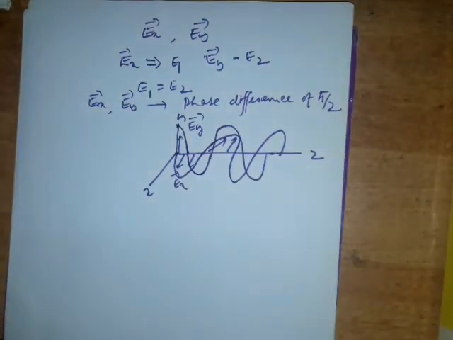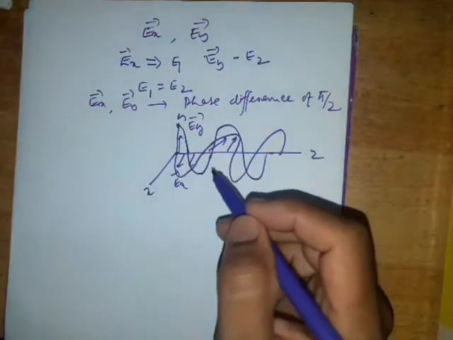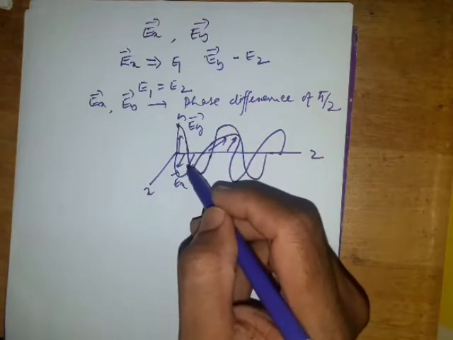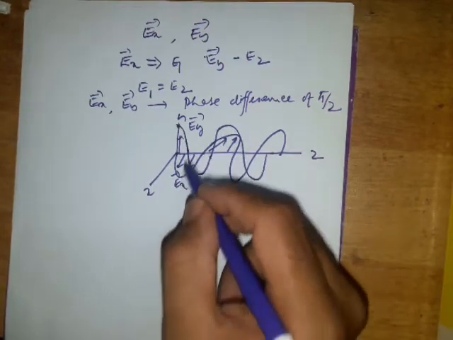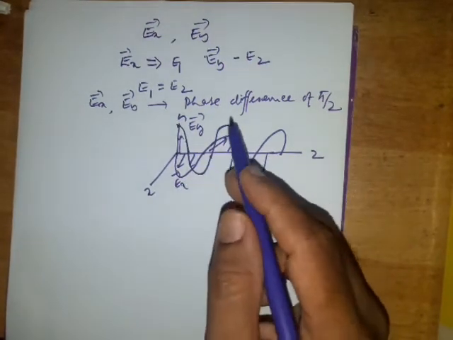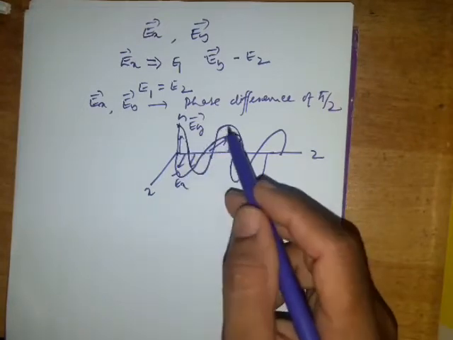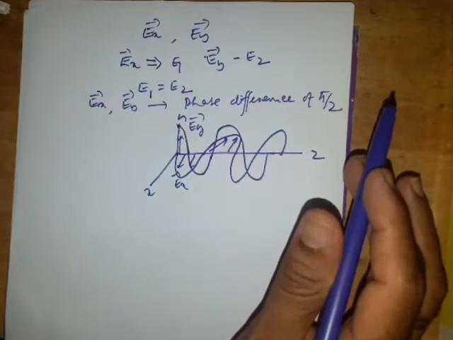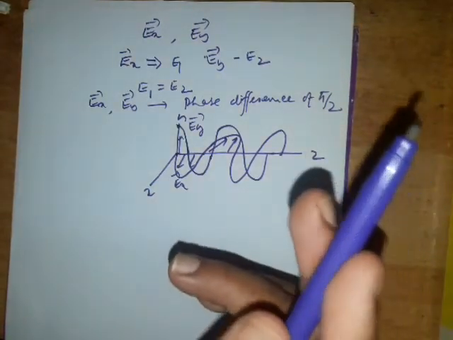What happens is the resultant of Ex and Ey has a magnitude that remains constant, but it is continuously changing its direction.